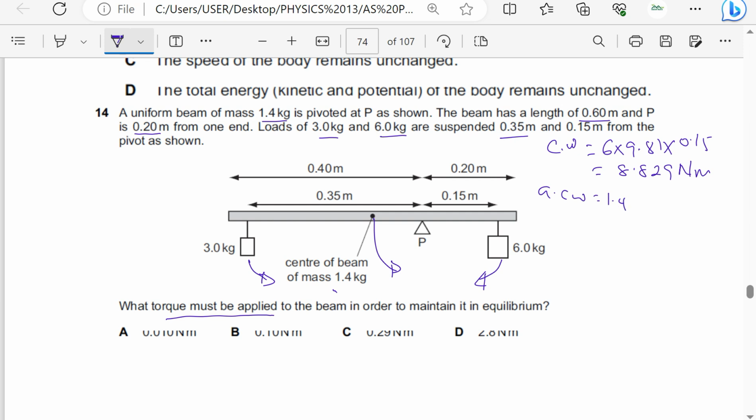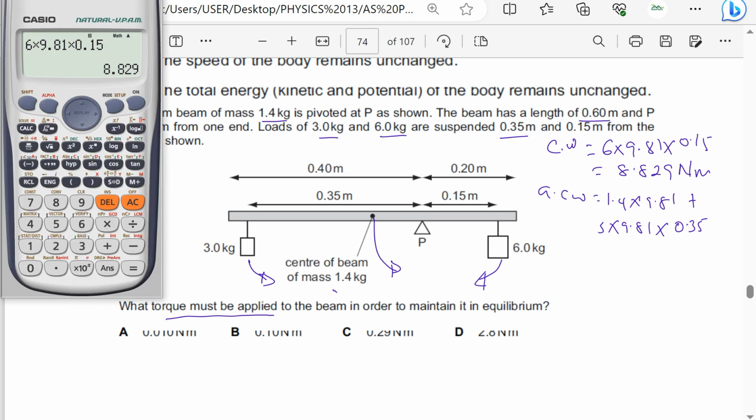1.4 times 9.81 plus 3 times 9.81 times the perpendicular distance, which is 0.35. Let's check this. 1.4 times 9.81.